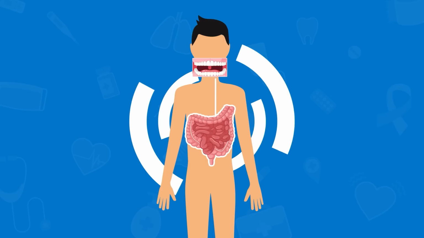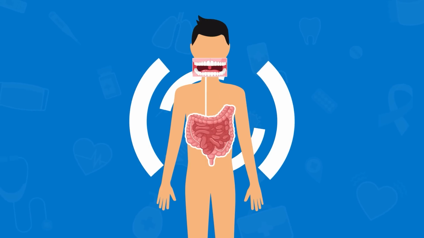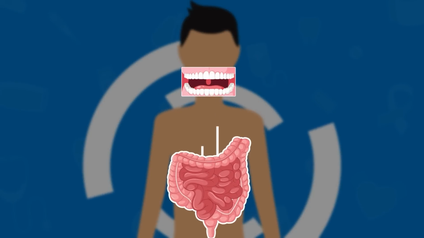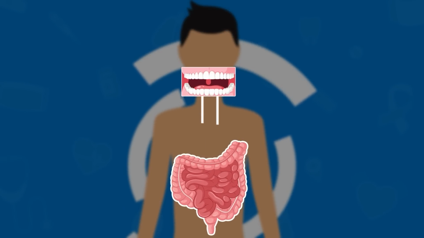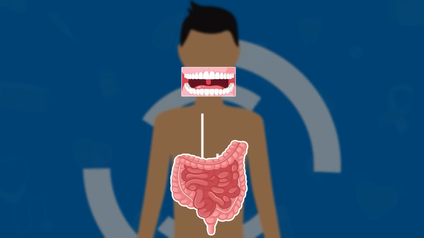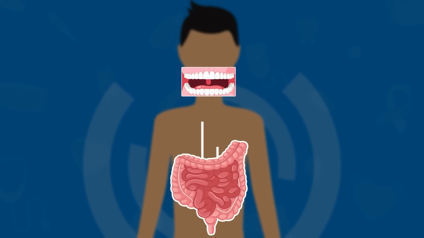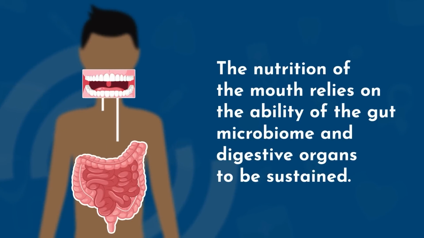And this enterosalivary circulation brings nutrients from the gut back to the mouth after they are broken down and absorbed there. So in a very big sense, the nutrition of the mouth relies on the ability of the gut microbiome and the gut digestive organs to be sustained.